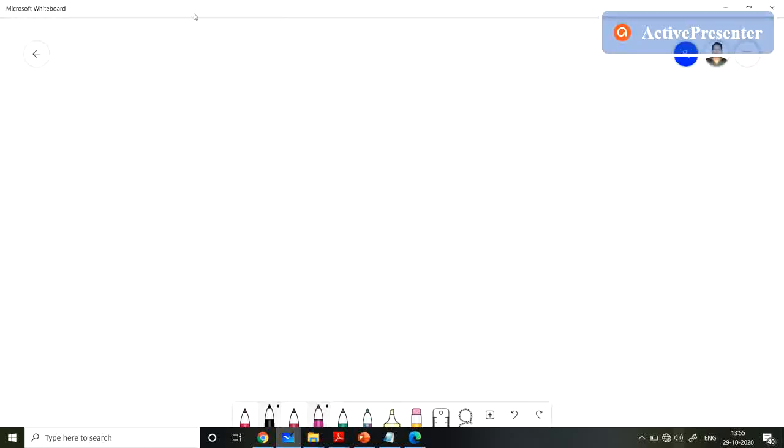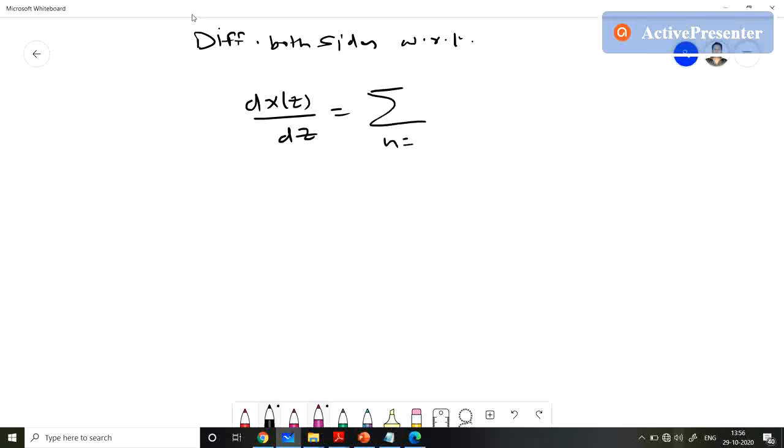Differentiating both sides with respect to z, we get dX(z) divided by dz is equal to summation n equals minus infinity to plus infinity x[n], and we are getting here minus n z raised to the power minus n minus 1.